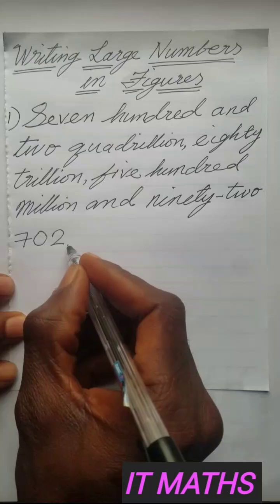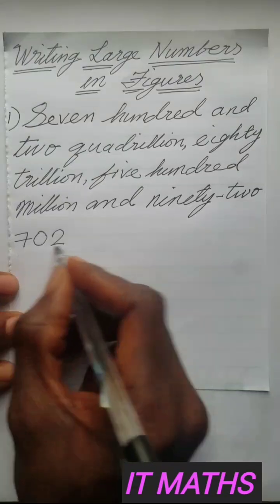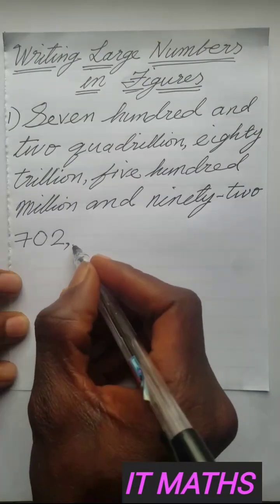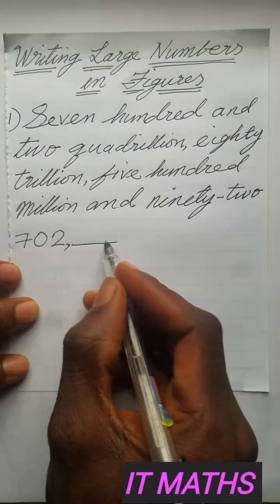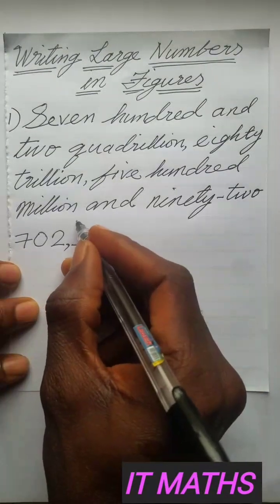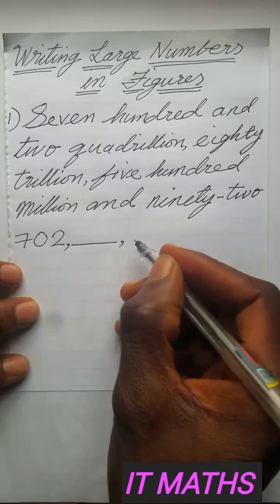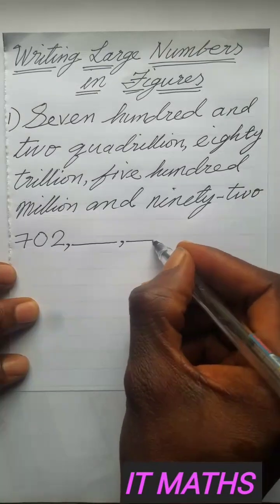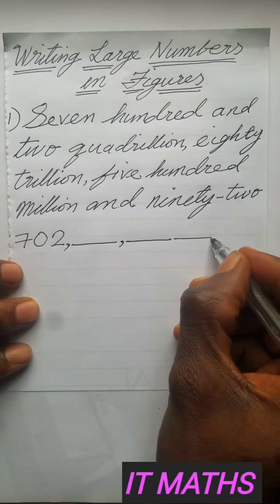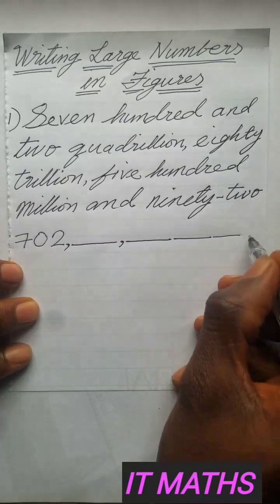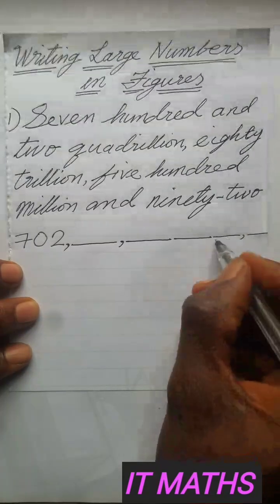If you watch that video, you will see that after the quadrillion you have your comma, and then you have your trillion, which is going to be 100, tens and a unit. And after your trillion you have your billion. After your billion you have your million. After million you have your thousand, and then your normal 100, tens and units.